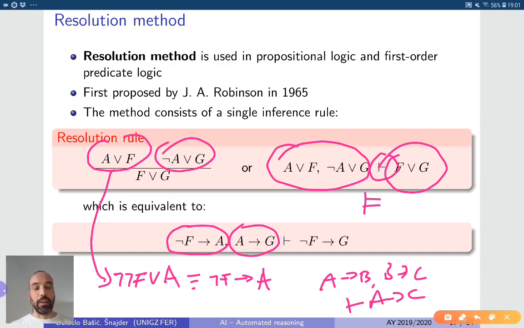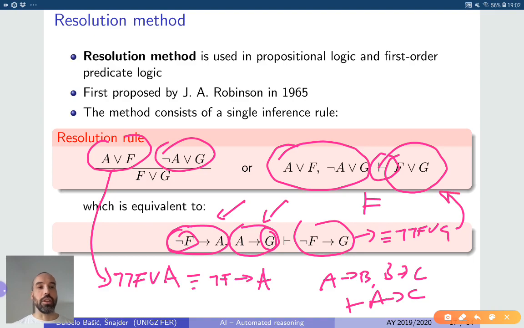So if I apply the syllogism rule in this particular case with these two premises, what I get as a result is not F implies G, which again I can rewrite. If I do this, this is equivalent to not not F or G, which is equivalent to F or G. And that's exactly the deductive consequence that the resolution method is giving me, right?